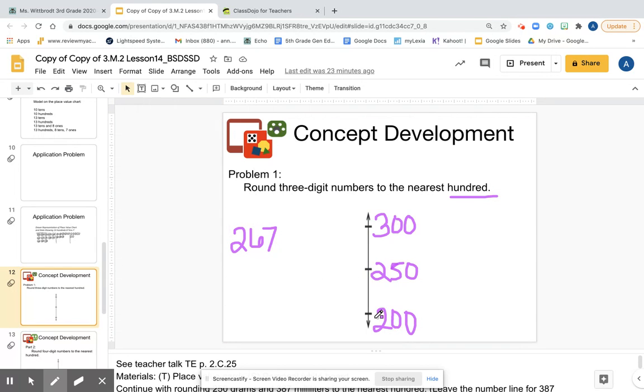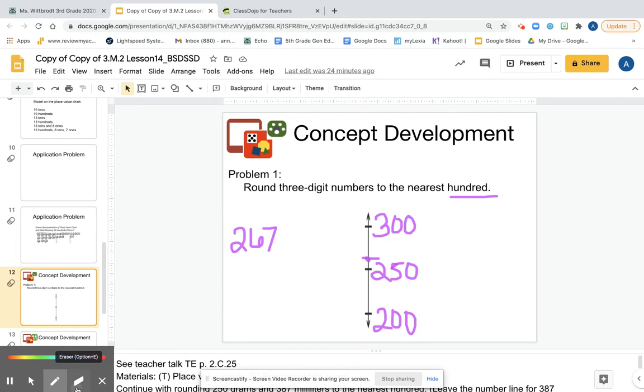If you think it should go between the 200 and the 250, or the 250 and the 300. I'm going to go ahead and plot it right here, just above the 250. So rounded to the nearest 100, I can conclude that 267 is closer to 300 than it is to 200.